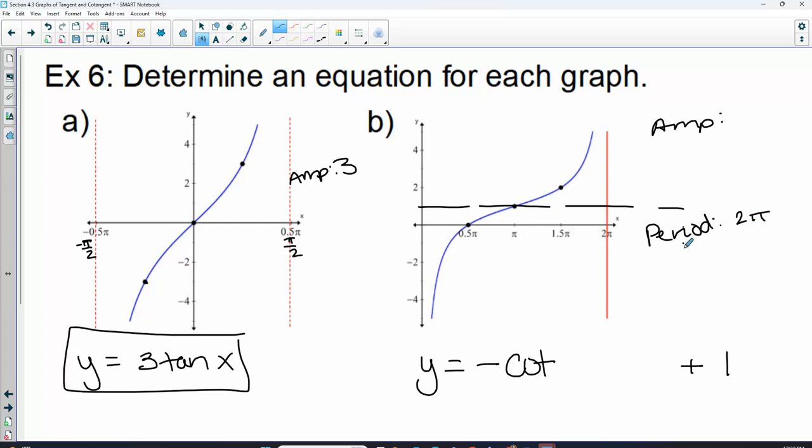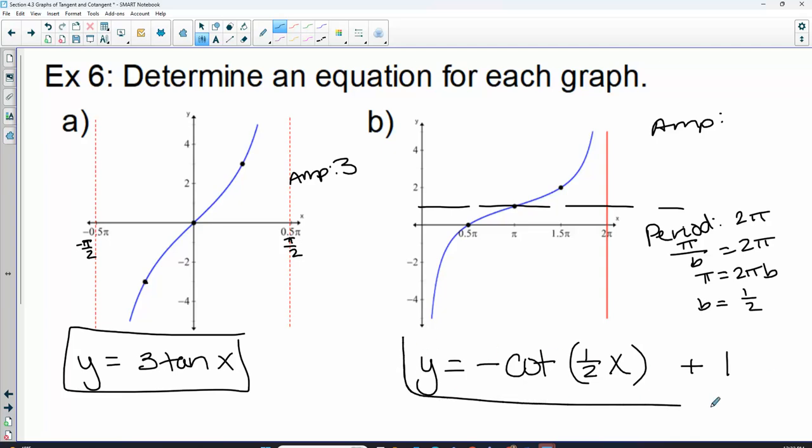So that meant when we did pi divided by the number in front of x, we got 2 pi for the answer. If I multiply over my b and divide by 2 pi, we get 1/2. So it's a negative cotangent of 1/2 x plus 1.